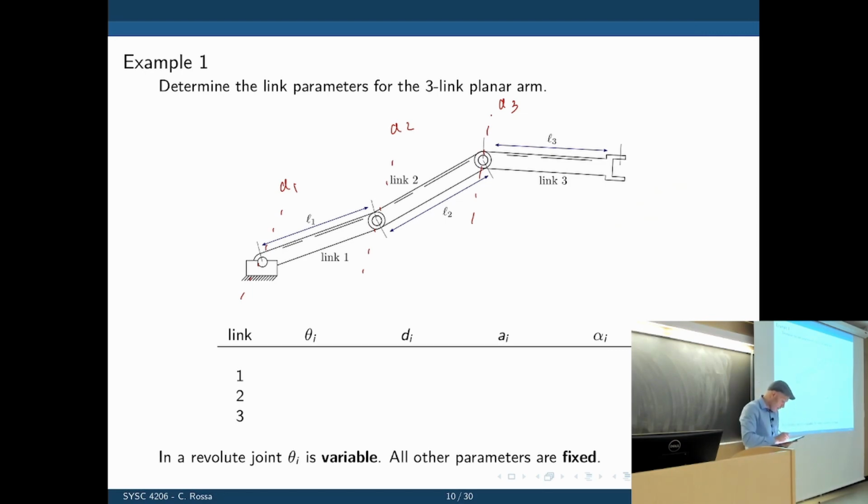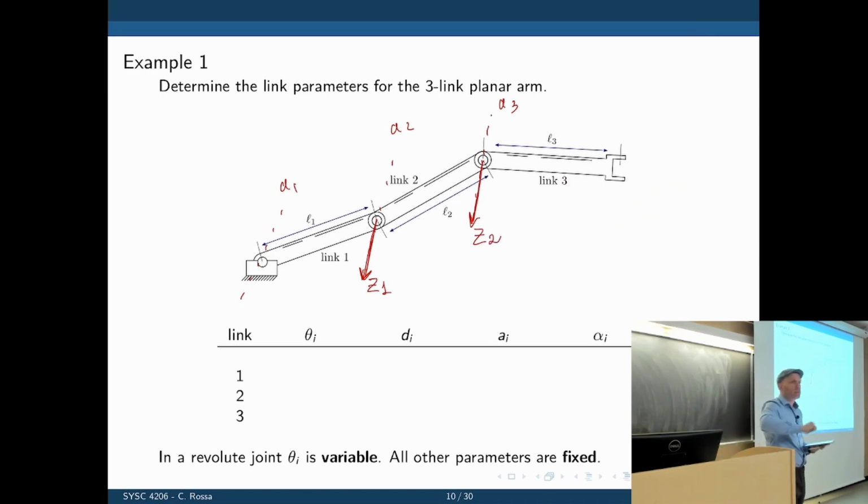So here we have Z1 coming out of the page. Where is Z2? Along axis 3. So this is Z2.